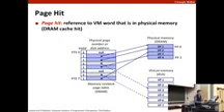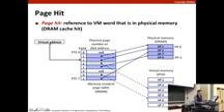Now a page hit, so this is just a cache, right? So we have hits and misses. A page hit occurs when there's a reference to a word in the virtual address space that's contained in a page that's cached in the DRAM. So let's say the CPU executes this move instruction. It generates a virtual address.